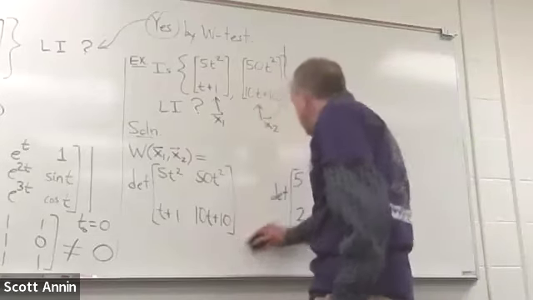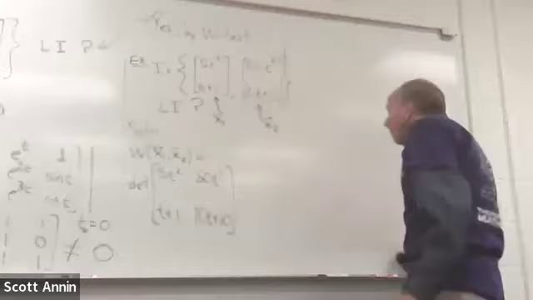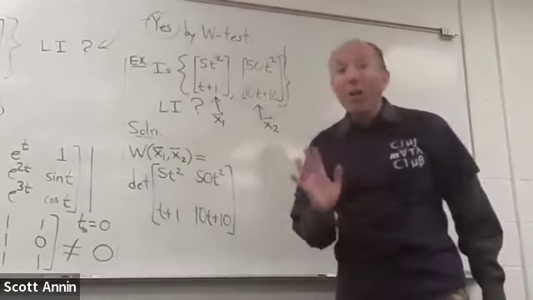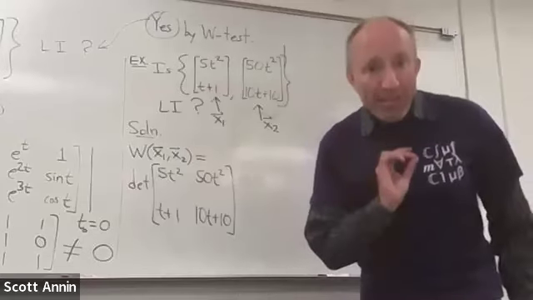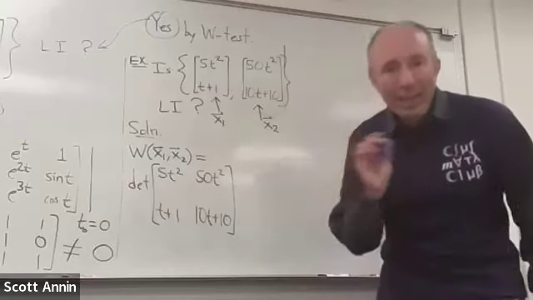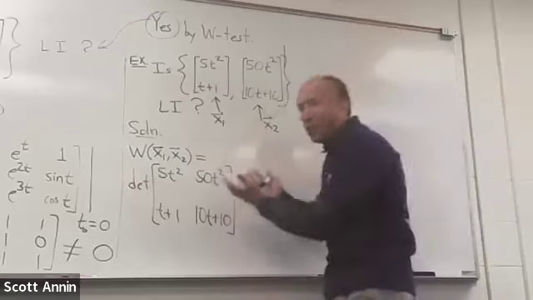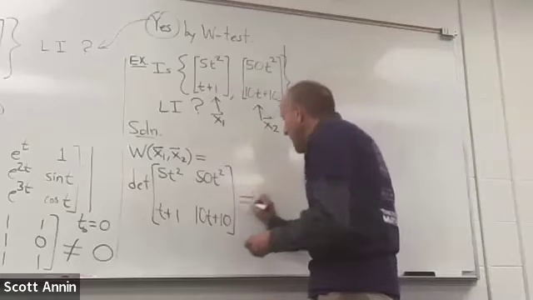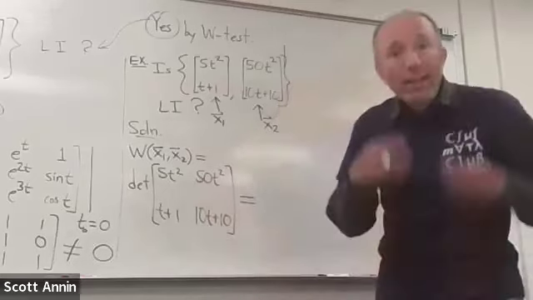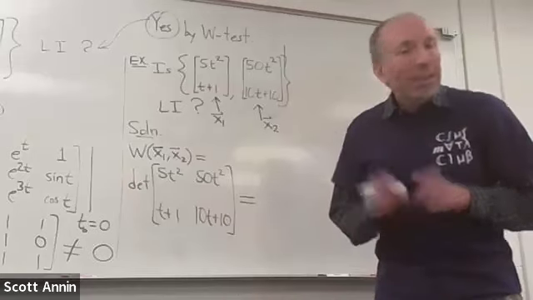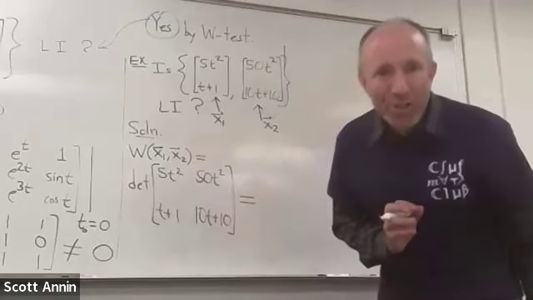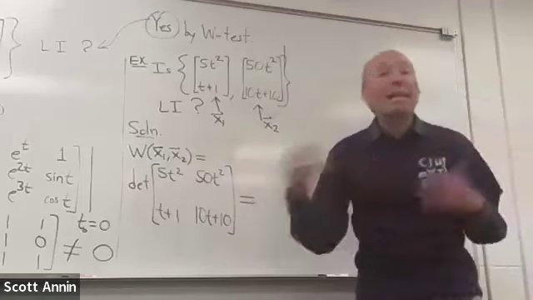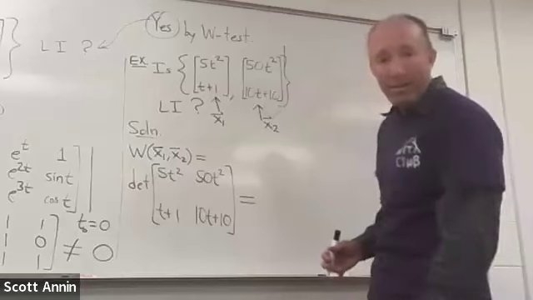Well, once you become suspicious that there's no value of t that's going to work at all, the way to really have some peace of mind about this and totally convince yourself is to actually take the determinant as is with the t's in there. Leave them in there, and that way you're getting the general expression for this determinant that would be for any value of t that you could ever think of.